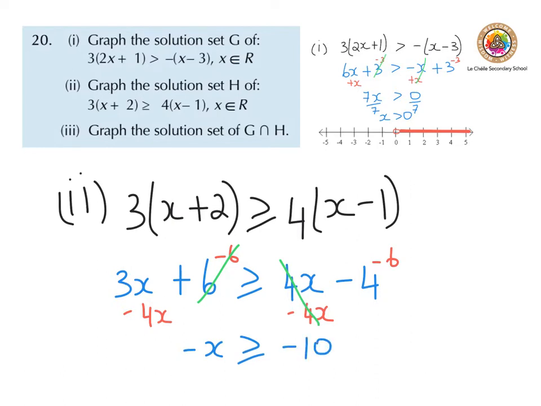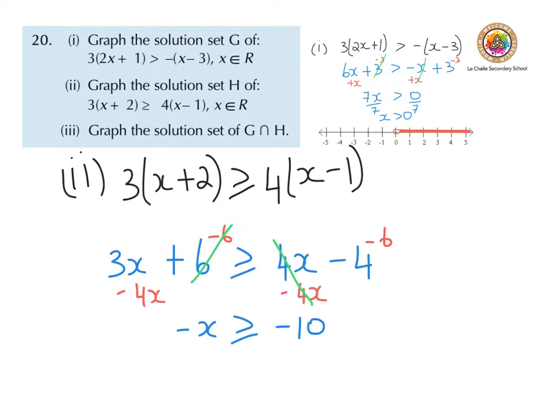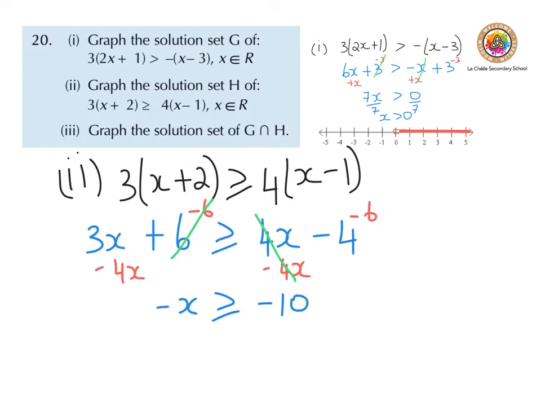Again, I need to make that x positive. Changing the x into a positive will also change the minus 10 into a positive. And as always, anytime we divide across by a minus, it reverses the direction of the inequality. So we want to stick that on a number line.